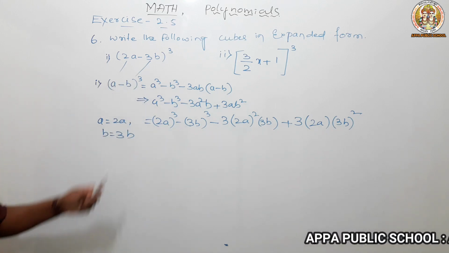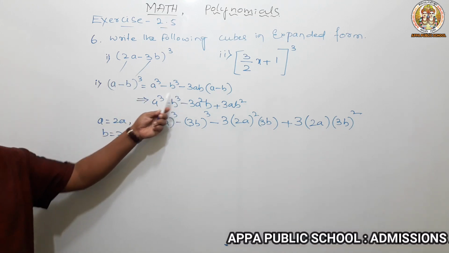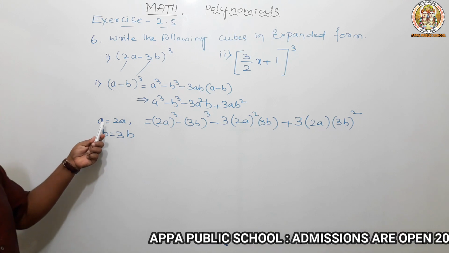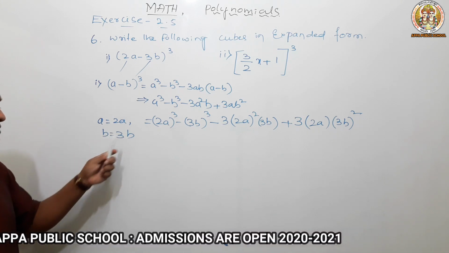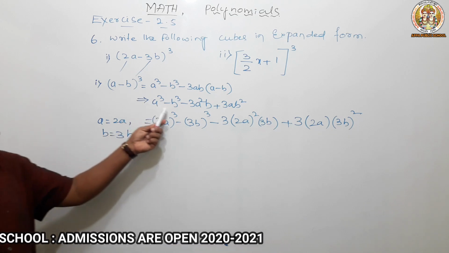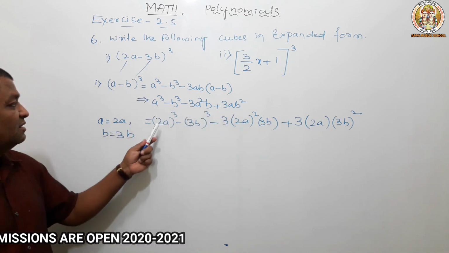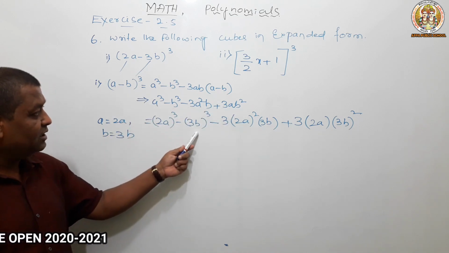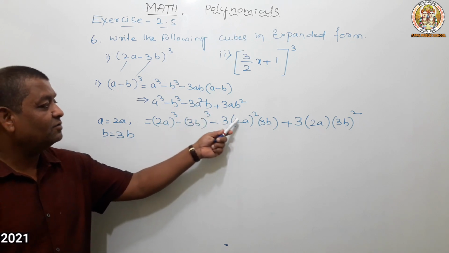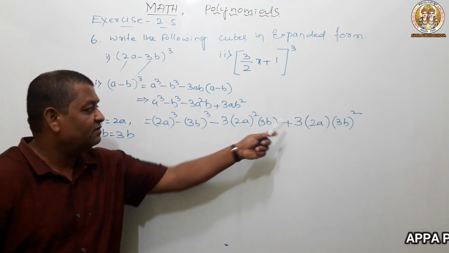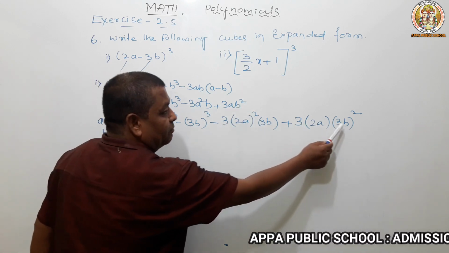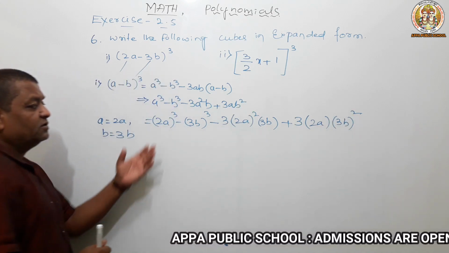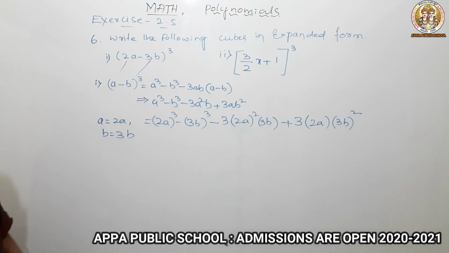So what did I do? I took the formula exactly and wrote the formula. Afterwards I went for the values of the unknowns: a is 2a and b is 3b. Next we substituted in the given formula: a cube minus b cube minus 3a square b plus 3ab square. After substituting the values, open nicely.